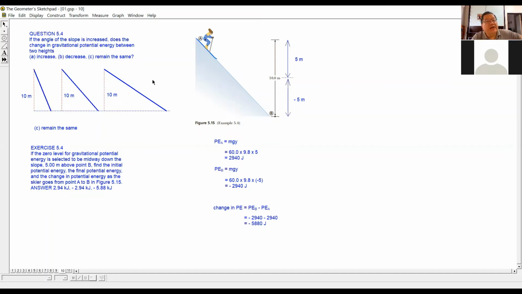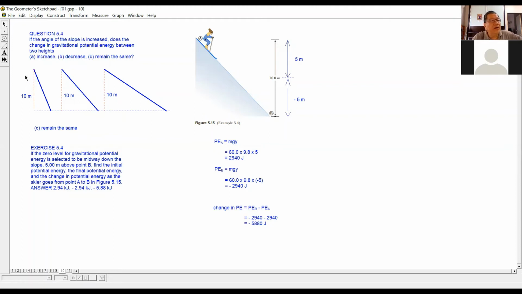I'm going to list out three cases here: one not so steep, another one steeper, and finally one very steep. But the vertical height of the inclined plane or the slope is always 10 meters.